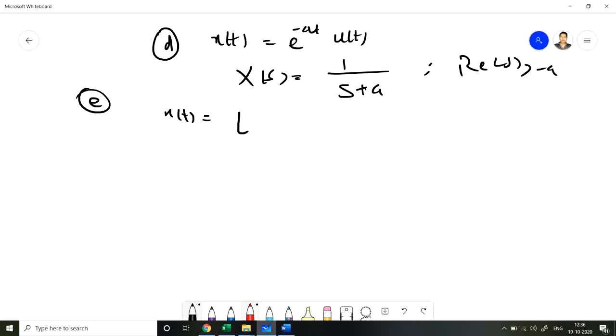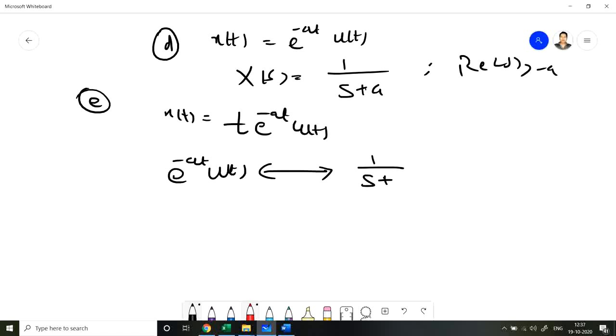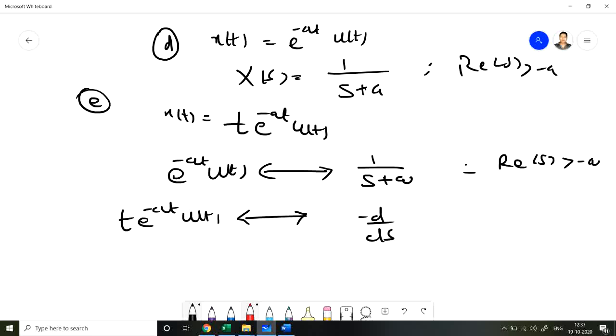Now we can take the Laplace transform on both sides, because it is difficult to solve this integral directly with del dash t.